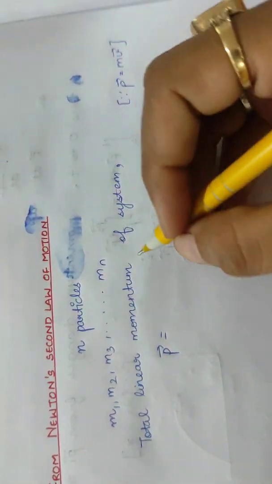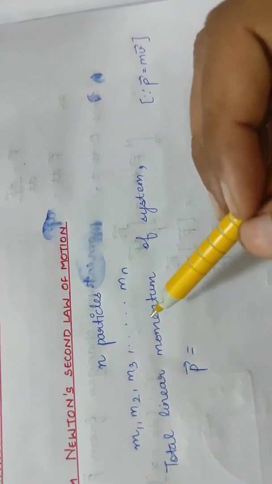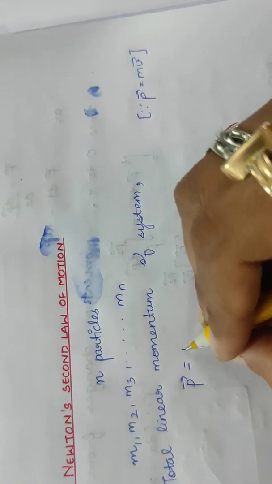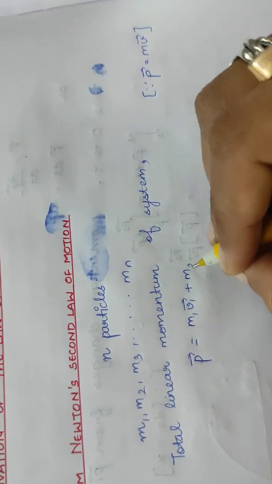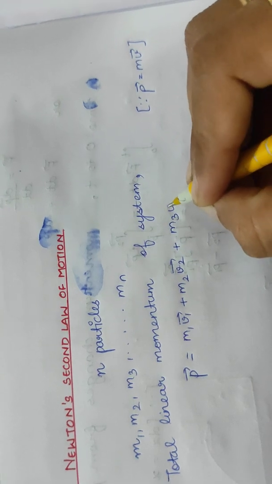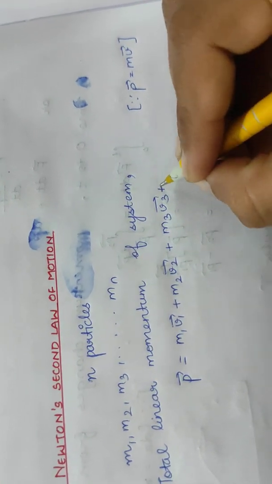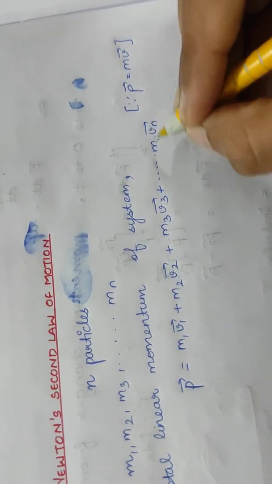Okay, so here we will consider one particle individually and then add all the linear momentums, and it will give us the total linear momentum of the system. So m1 v1 plus m2 v2 plus m3 v3 and so on, mn vn.